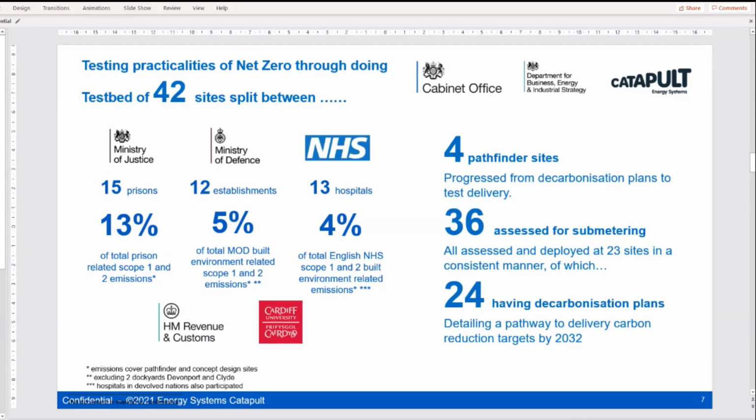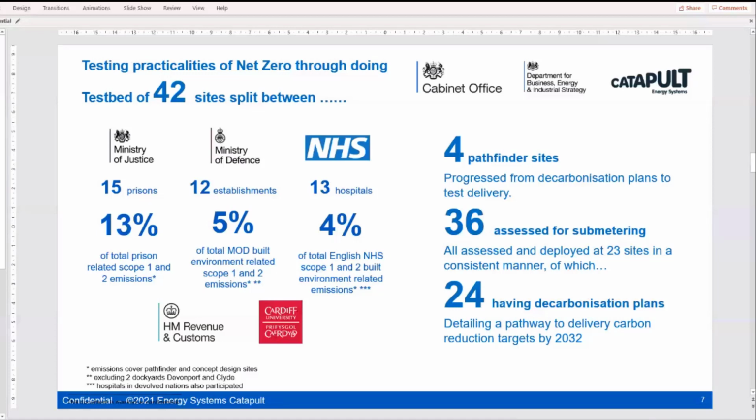The MEP programme has covered a large range of sites, 42 sites. Today we're going to be talking about decarbonisation plans as part of our discussion. We've so far achieved 24 decarbonisation plans, as you can see from the bottom right hand side of the slide.